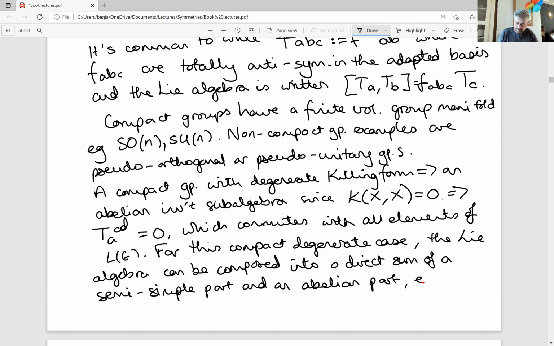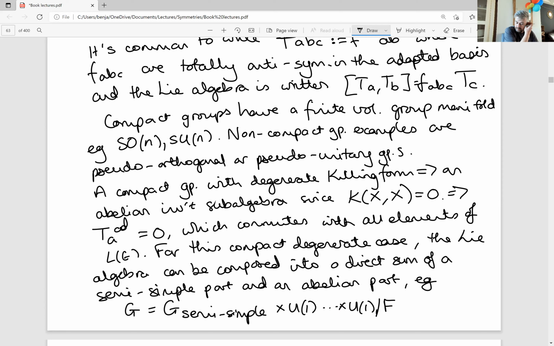So, for example, what that means for the groups. So your overall group G could be some semi-simple part, which of course, as we showed before, is a product of some simple parts multiplied by some abelian parts, and there could be several U1s.